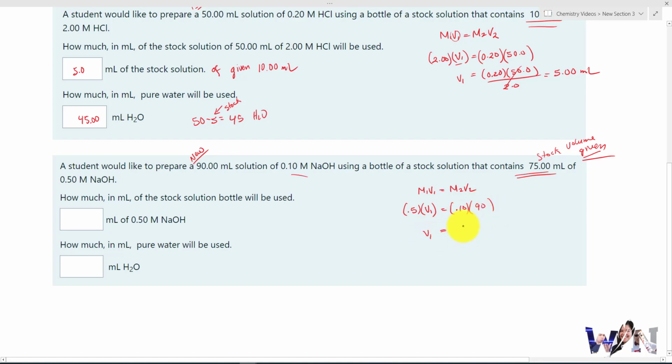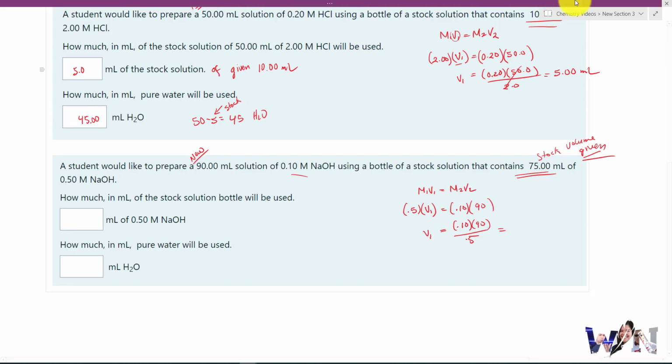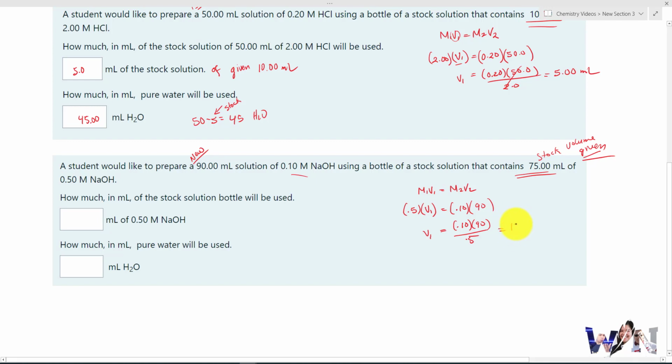So for V1, we just plug it in. What do we get? 0.1 times 90 divided by 0.5 turns out to be 18.00. And this is coming from the 75 milliliter stock solution.